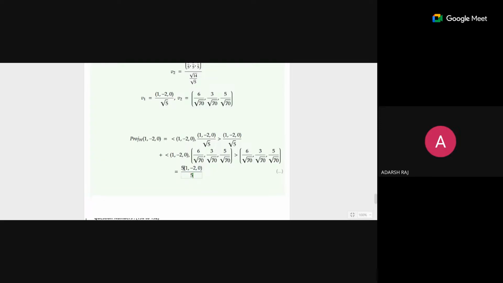And we can cancel this, right? So we get 1 comma minus 2 comma 0, plus, now find the dot product between these two vectors. It is 0. If it is 0, then this entire term will be 0, so I get a 0 vector.